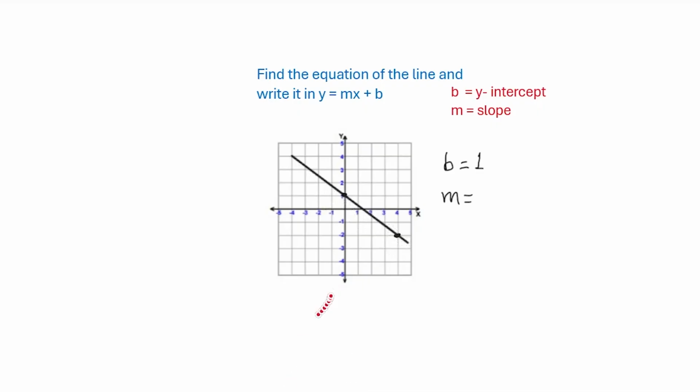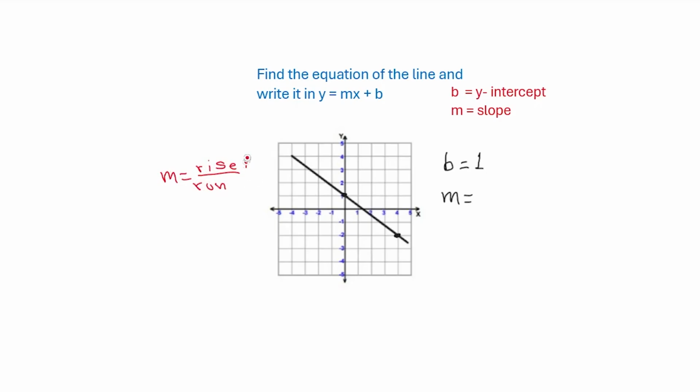Now, to get the slope, we're going to be using rise over the run. Okay. So let me write it here. The slope should be rise over the run.